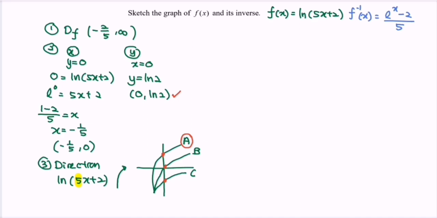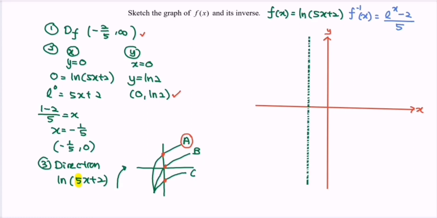So let's begin with the graph sketching. Here we have the xy axis. Referring to the situation, first, we have the domain, which is negative 2 over 5, not included. So kindly approximate the situation. Here we have the asymptote x equals negative 2 over 5.